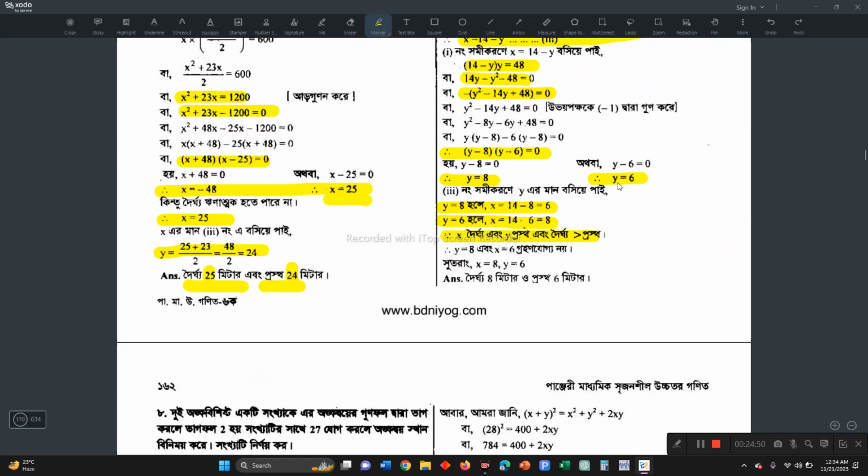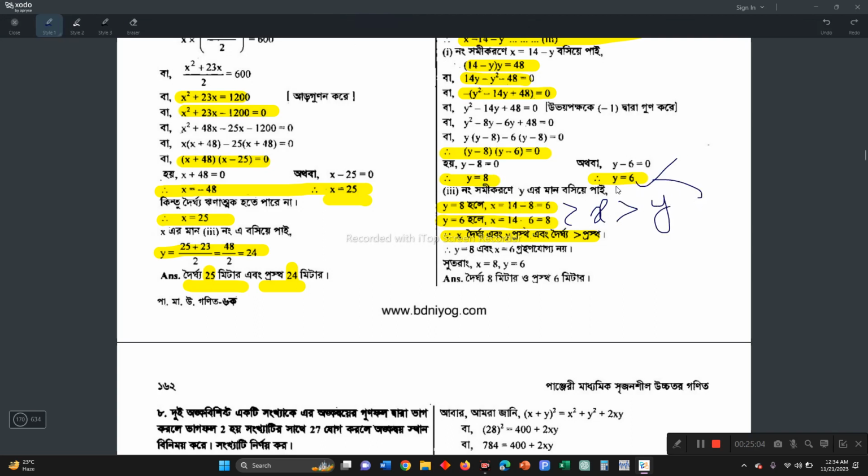So we cannot take y as 8. Writing these two parts as x greater than y, we will directly write y is equal to 6. So x will be what? x will be 8 and y will be 6. So the answer is x is equal to 8 and y is equal to 6.